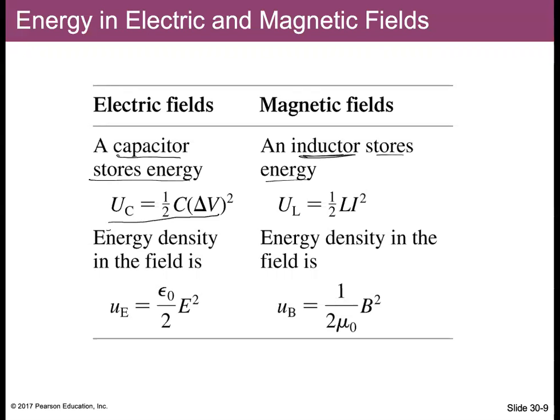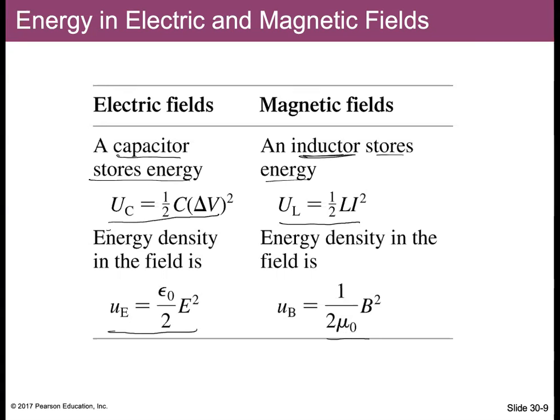In a magnetic field, the energy is 1/2 L i squared. Now the energy density in the electric field is U_E equals epsilon naught over 2 E squared. And the energy density in the magnetic field is 1/2 mu naught B squared.